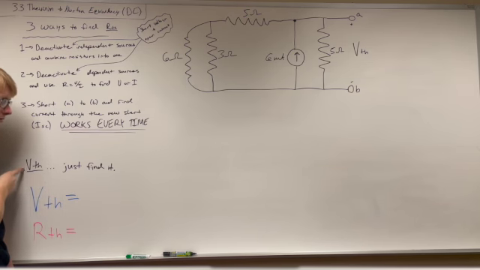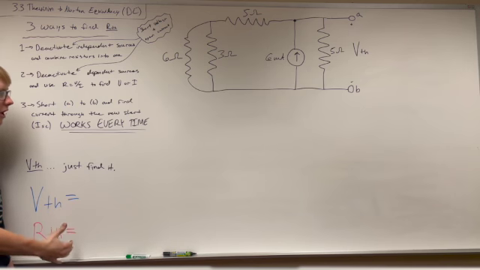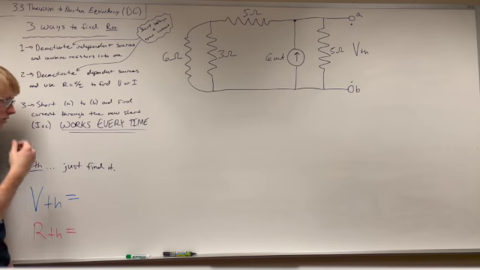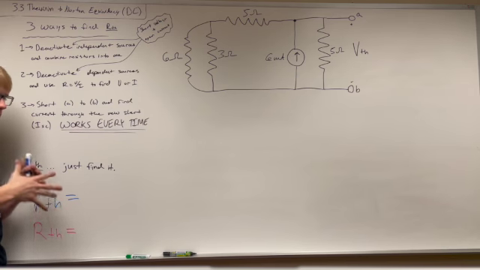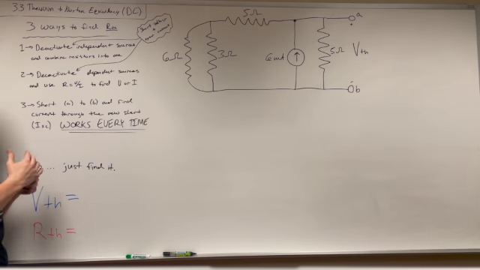But V Thevenin, you just gotta find it. You use the skills that you've built throughout the class: mesh, loop, nodal, KVL, KCL, just to name a few. Everything that we've learned, try to use those skills to find V Thevenin.